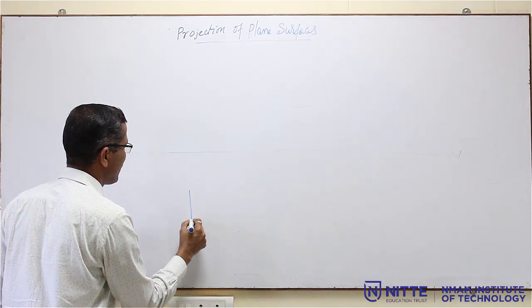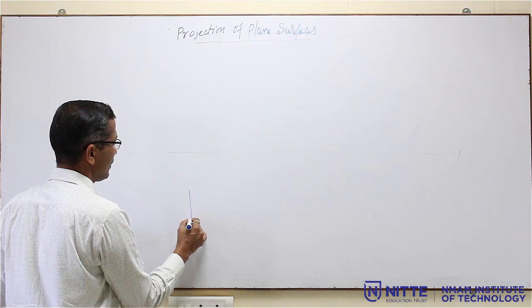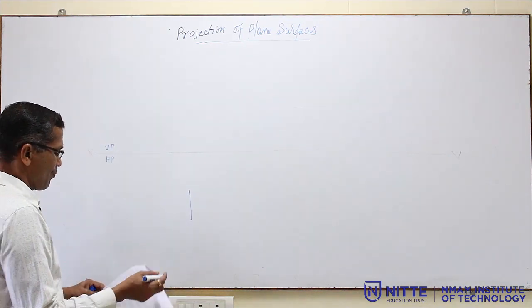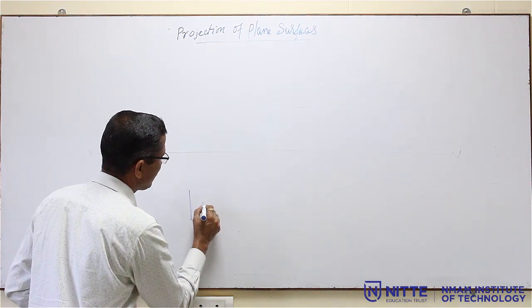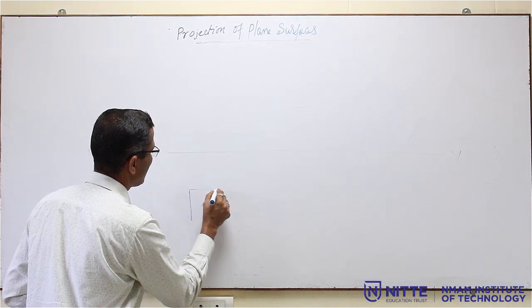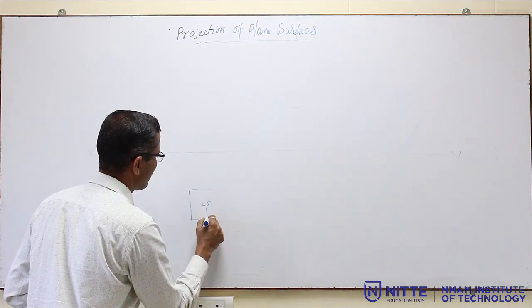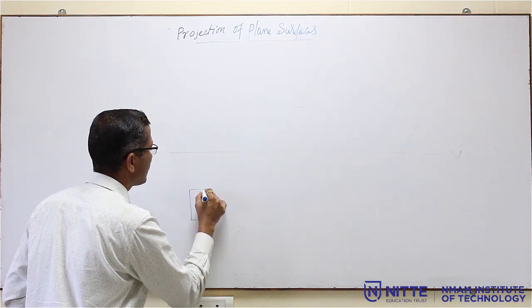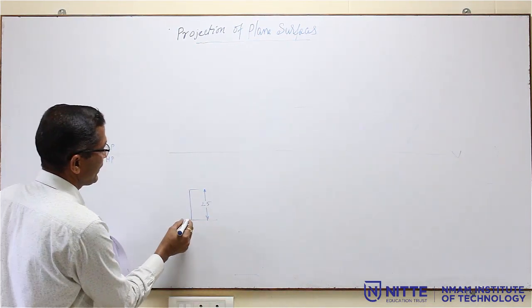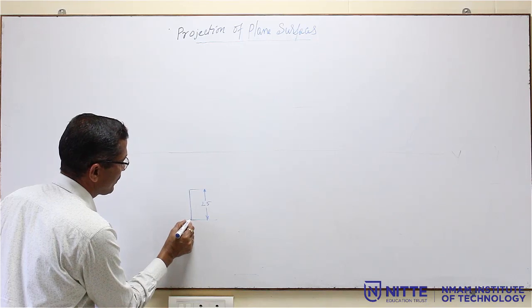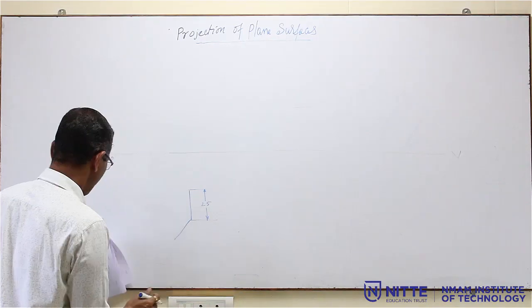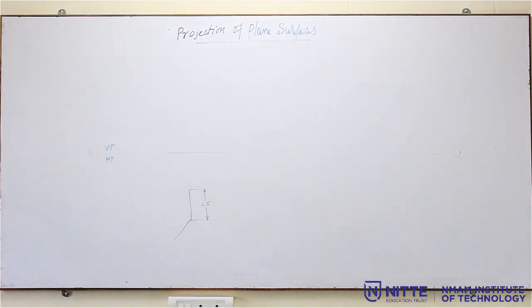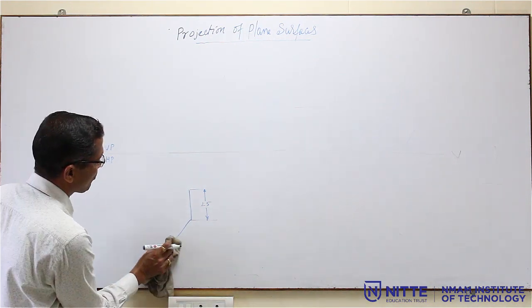What is the procedure for the pentagon? Draw the 25 mm line, this is 25, and dimension this. Then after that you have to draw, what is the angle? 108 degrees on both sides.